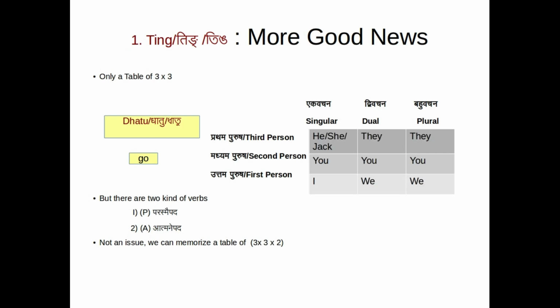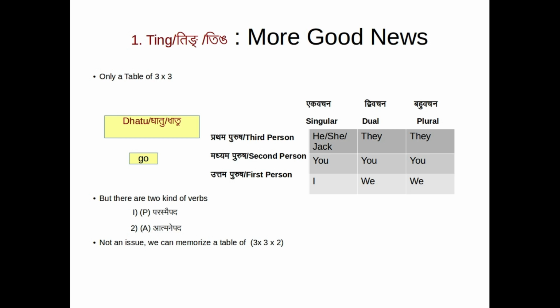So, I go, but she goes. A similar concept is there in Sanskrit as well. In English, the concept is not as extensive as in Sanskrit. In Sanskrit, there are 3 numbers: singular, dual, and plural, which is one more than English.